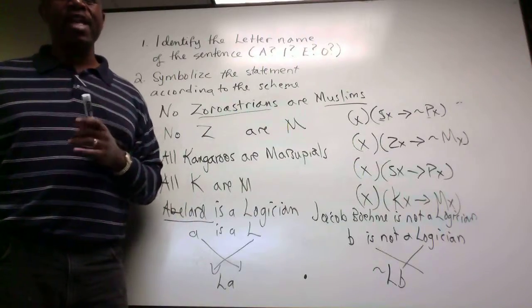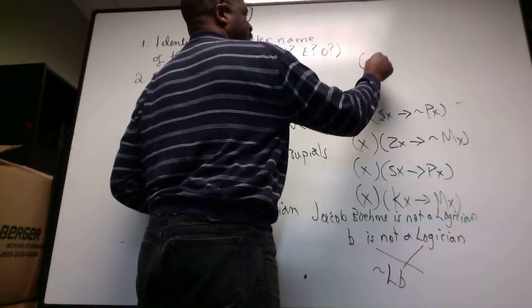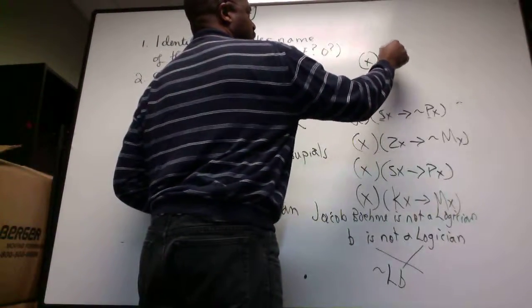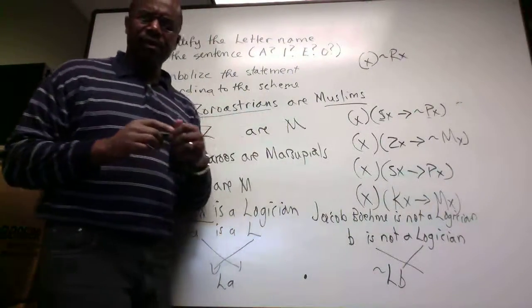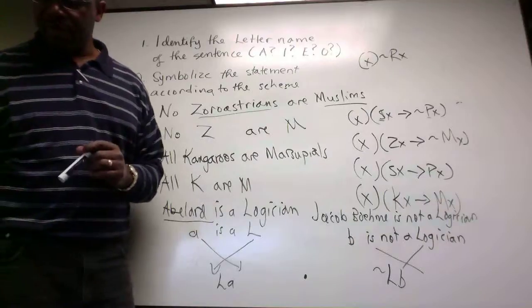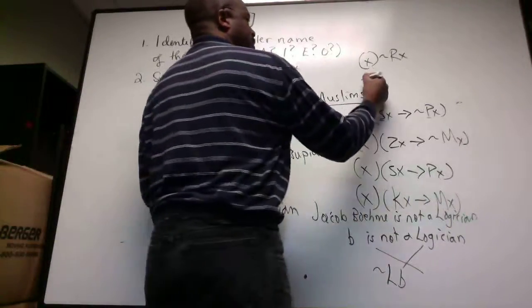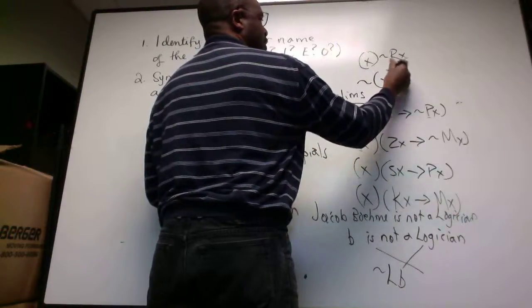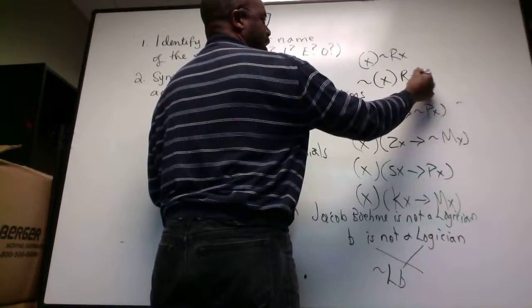You will not find anything that is right. So you simply say for all x, not right x. When it says not everything is right, you'll say it's not the case that for all x, x is right.